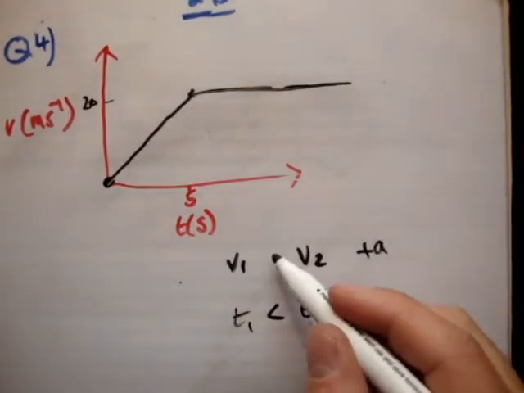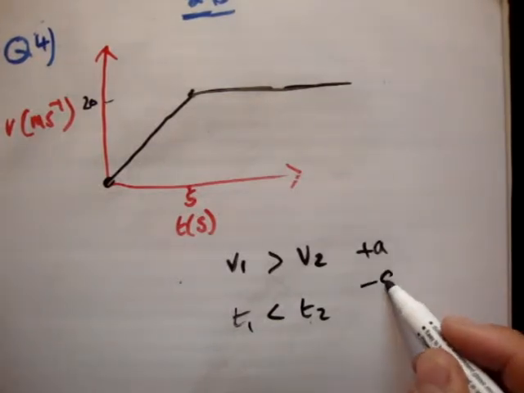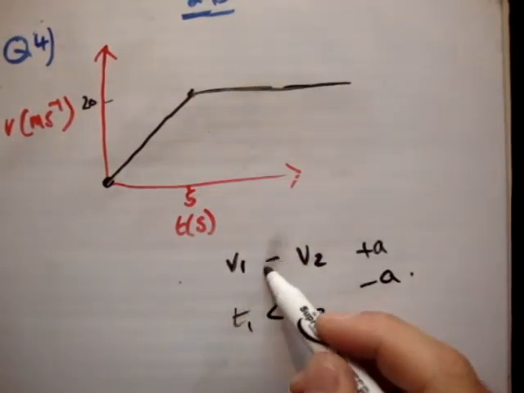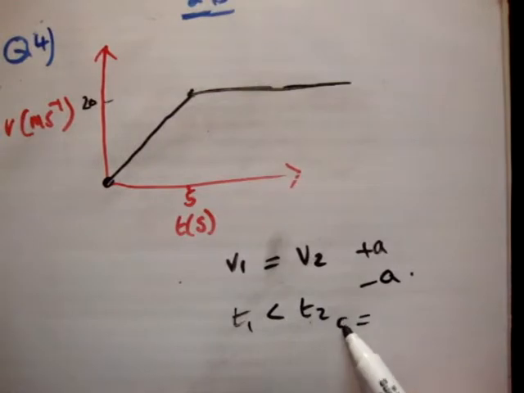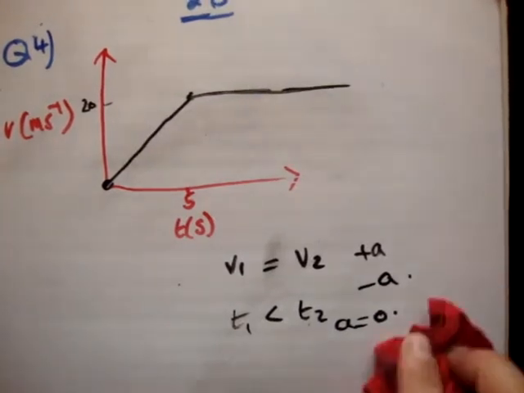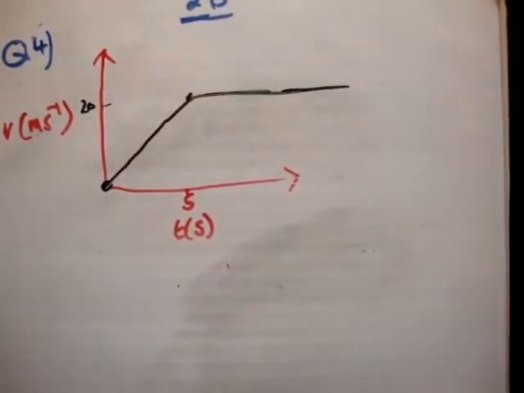If at a greater time the speed is less, that means it's a negative acceleration, or deceleration. And where the velocity is equal, that means a is equal to 0 and there is no acceleration. It's kind of intuitive. You should understand these things because you see them pretty much every day.